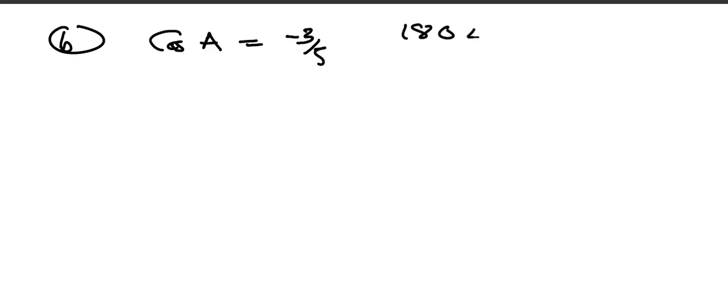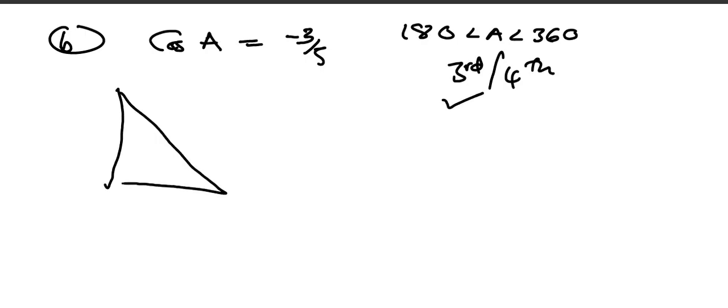And question 1b says there is cos A, which is negative 3/5, between 180 and 360. So A is between this, meaning this is supposed to be the third quadrant, because 180 to 360 means the third and the fourth, and between the third and the fourth, the only place where cos can be negative is the third. So the triangle for A is going to be in the third quadrant.